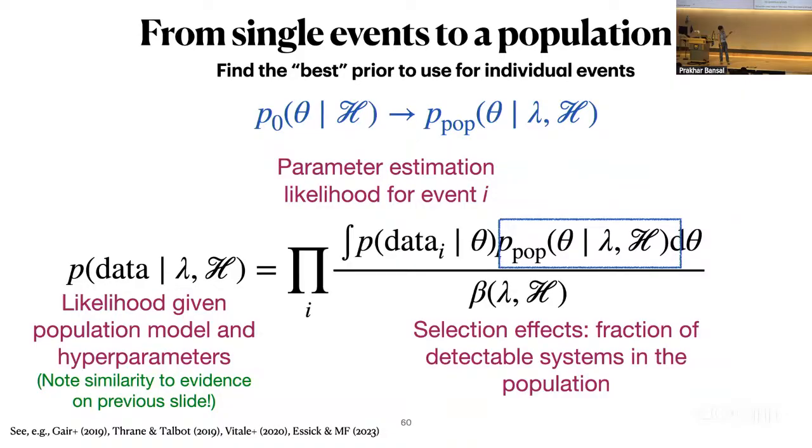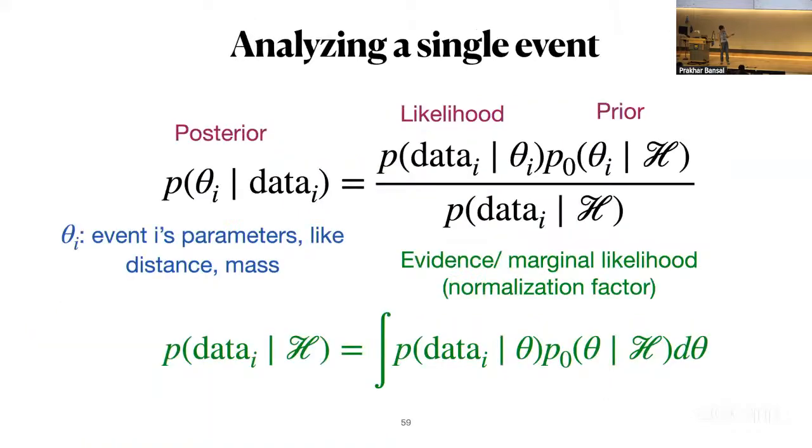In the absence of selection effects, this is just the evidence that we had on the previous slides. For each event, we just multiply together the evidences.